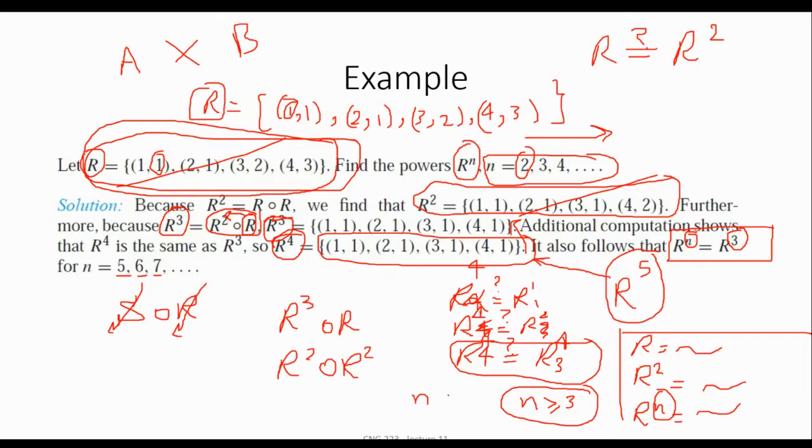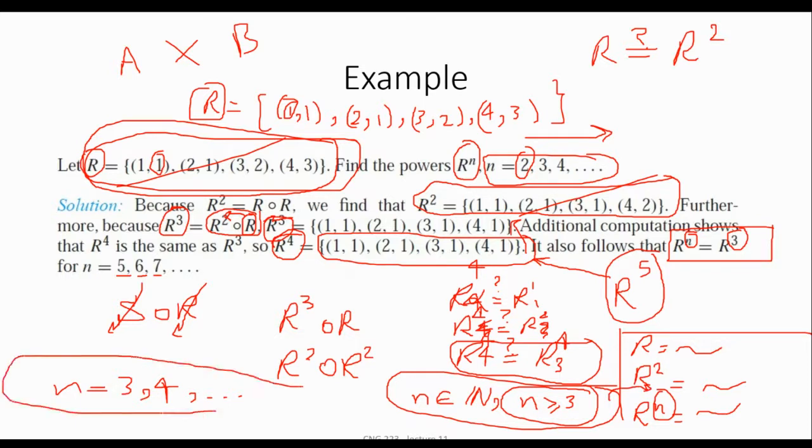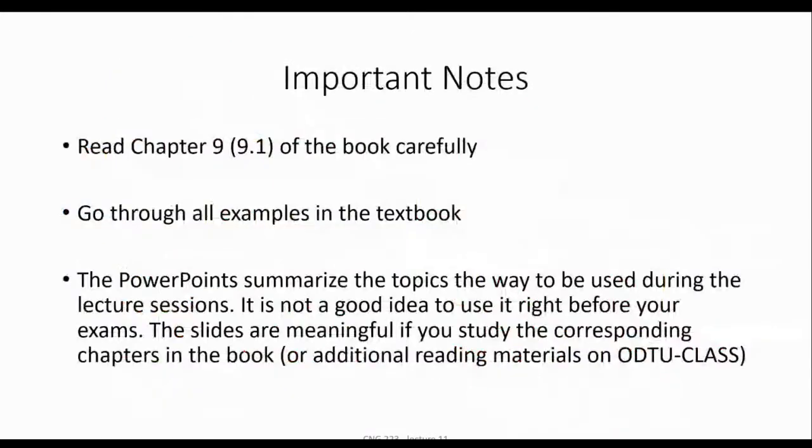You can say that n belongs to natural numbers. This is one way. Another way is to show it like this: n equal to 3, 4, going to infinity. Okay, it depends on you which one you prefer. At the same time, you should write this for this n, or you can write like this to specify exactly from which point we have the same set as we define relation.